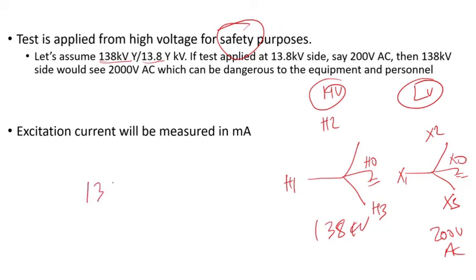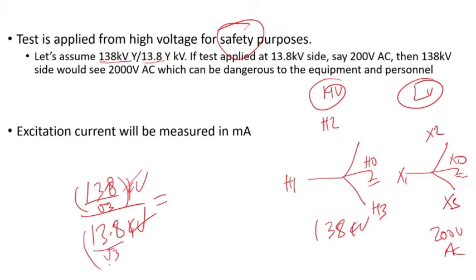In other words, 138 kV divided by 13.8 kV, the kilovolts cancel out. In reality, you should divide it by square root of 3. It's always better to do it in per phase. But in this case, both are Y, both are line to line, so it doesn't matter. So the ratio is 10.